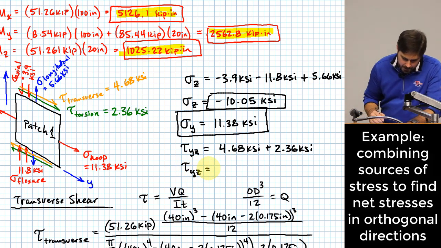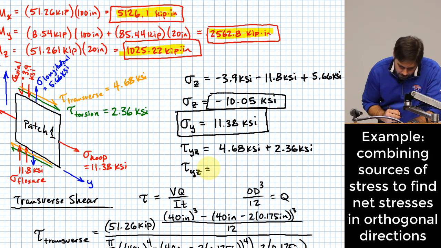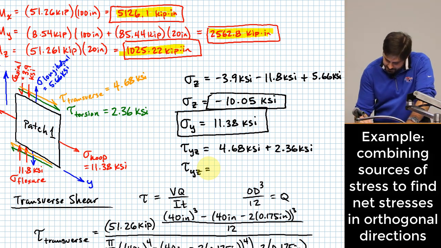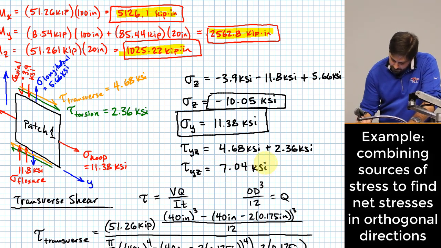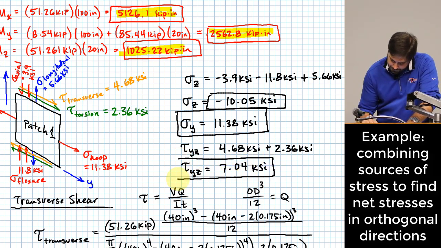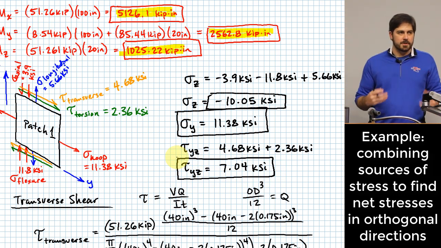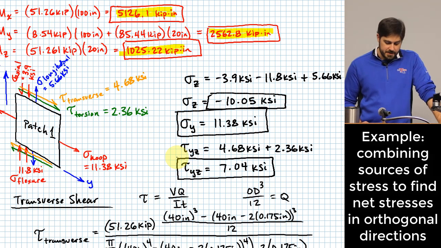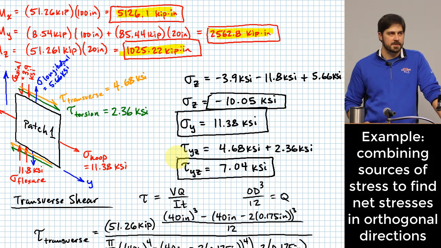And that ends up being 7,044.1 PSI, which is 7.04 KSI. For the question we're trying to answer, the direction of the shear doesn't necessarily matter as far as the actual sign convention of the shear.